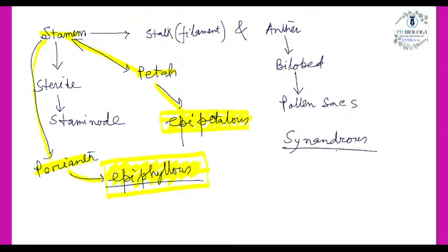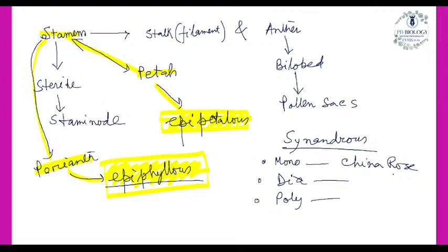And the united stamens are of different types. That is monodelphous, diadelphous and polydelphous. Monodelphous stamens are united into one bunch or one bundle, that is in China rose.